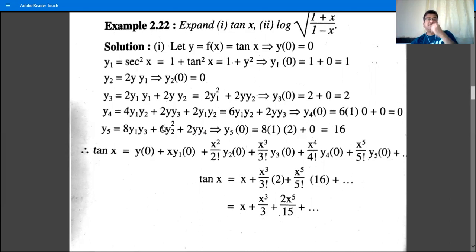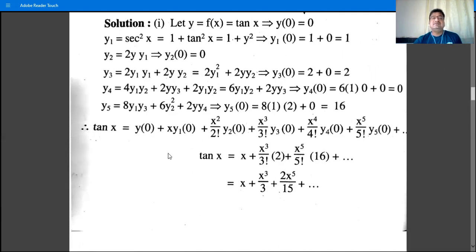This is after simplification. Then the value at 0: we know that y1 0 is 1, y3 0 is 2, so write 8 into 1 into 2, plus y2 0 is 0, so this term is 0, y0 is 0, this term is 0. So we have the answer 16.